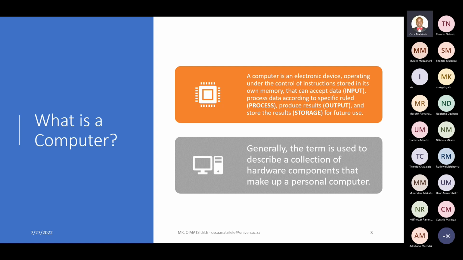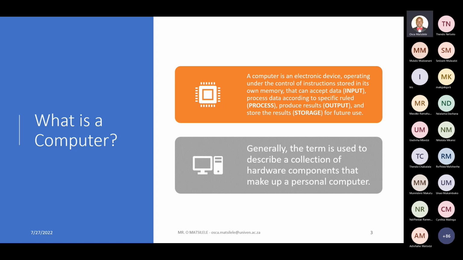And if we want to store that information for future use, the computer is capable of doing that. So always remember this term. What is a computer? Any electronic device that can accept data, process it, output it, and store it for future use. If you say that, you will get the mark for that.